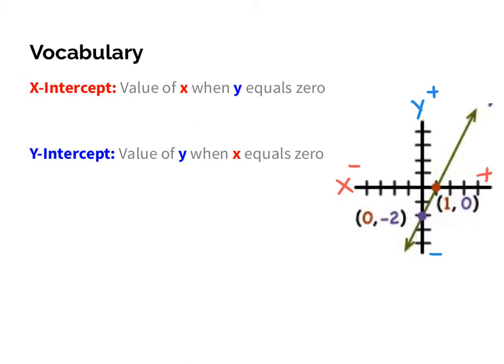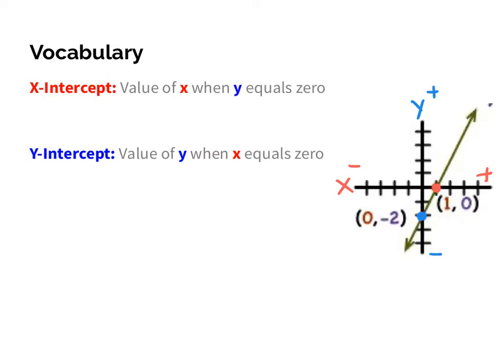So the intercepts are the points where it crosses the x-axis, shown in red, and where it crosses the y-axis, shown in blue. In order to draw any sort of line, all I need are 2 points. Once I know 2 points, then I know what my line is going to look like, assuming, again, it goes at a constant rate of change, meaning it goes up or down by the same amount every time.